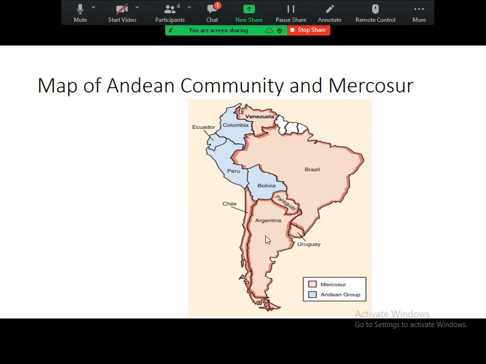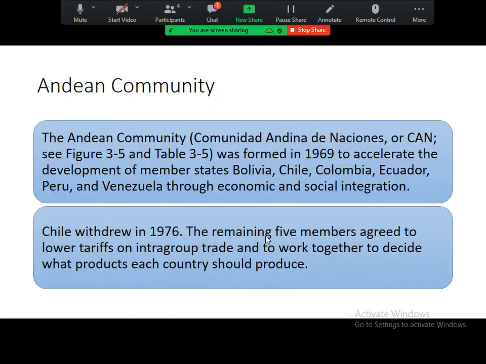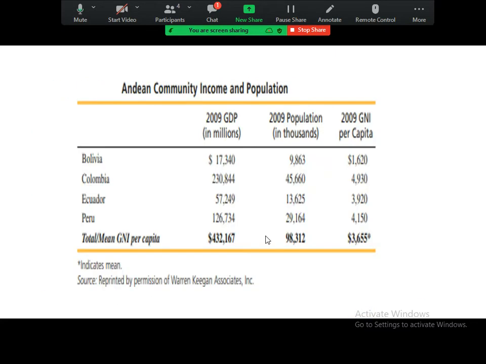These countries are Colombia, Ecuador, Peru, and Bolivia. Okay, so the Andean Community that we have seen in this table, now we will see these figures also. So these are the four countries, and those are the Andean Community income and population.